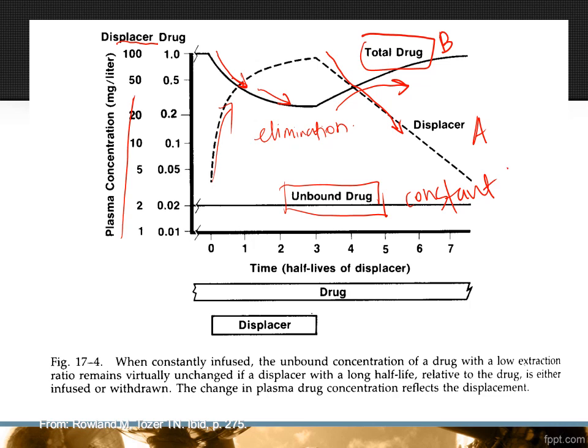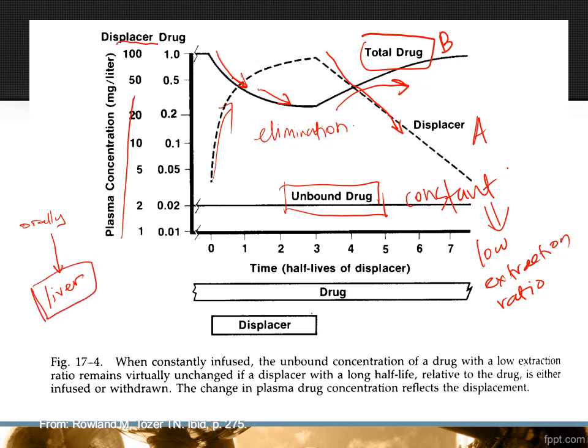This usually happens for drugs with a low extraction ratio. So what is meant by low extraction ratio? When a drug is taken orally, it will be metabolized in the liver, right? Any drug that has a high extraction ratio will be extensively metabolized by the liver.